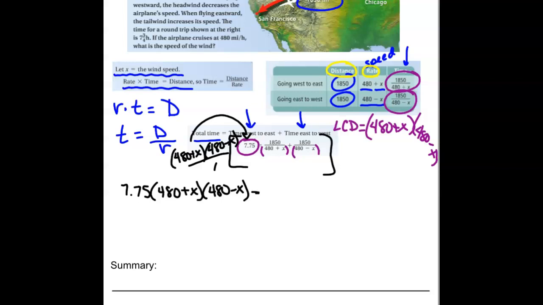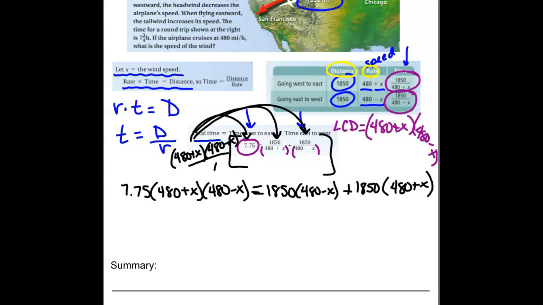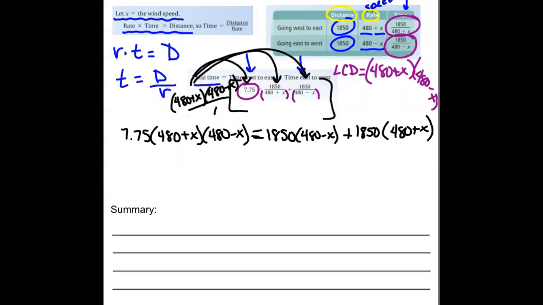When we multiply it to the first time here, 1850 divided by 480 plus x, the 480 plus x's would drop out. We're going to have 1850 times 480 minus x. When we distribute it to the last piece here, the 480 minus x's would drop out, and we have 1850 times 480 plus x. Now, we have some larger numbers here, so grab your calculators.